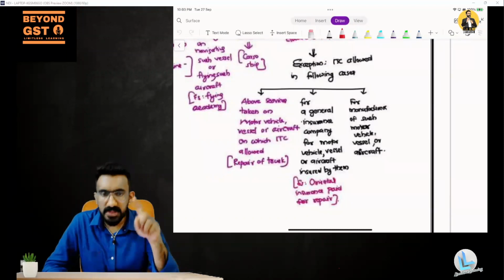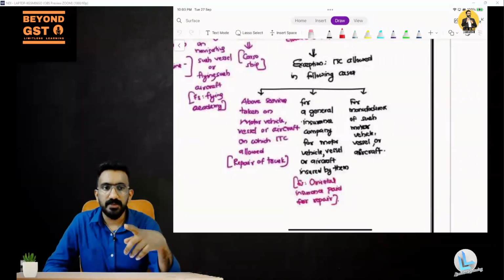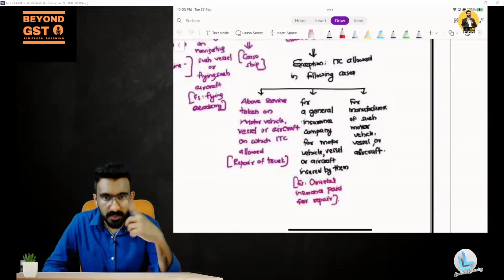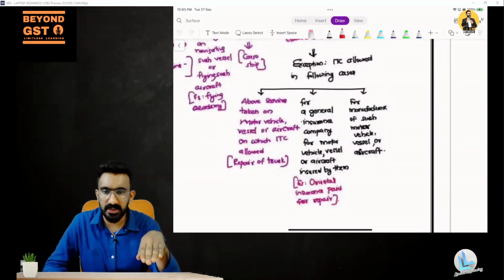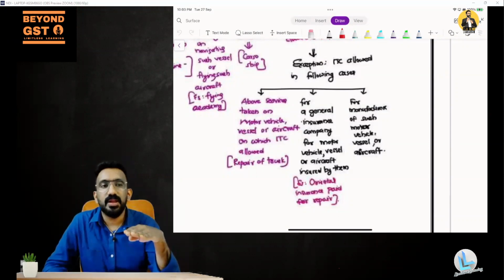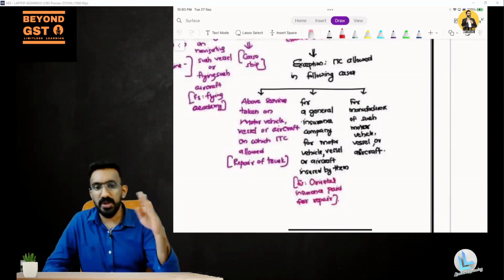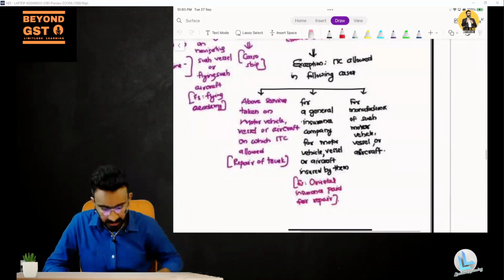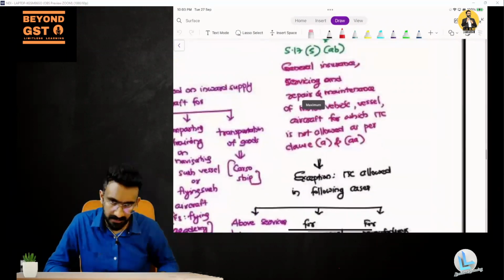Yes, because the truck, when they purchase, is it a block to credit? No, because it's meant for transportation of goods. So for whatever vehicle is not a block to credit when you purchase, it is not a block to credit when you are taking insurance, repair and maintenance, and service.